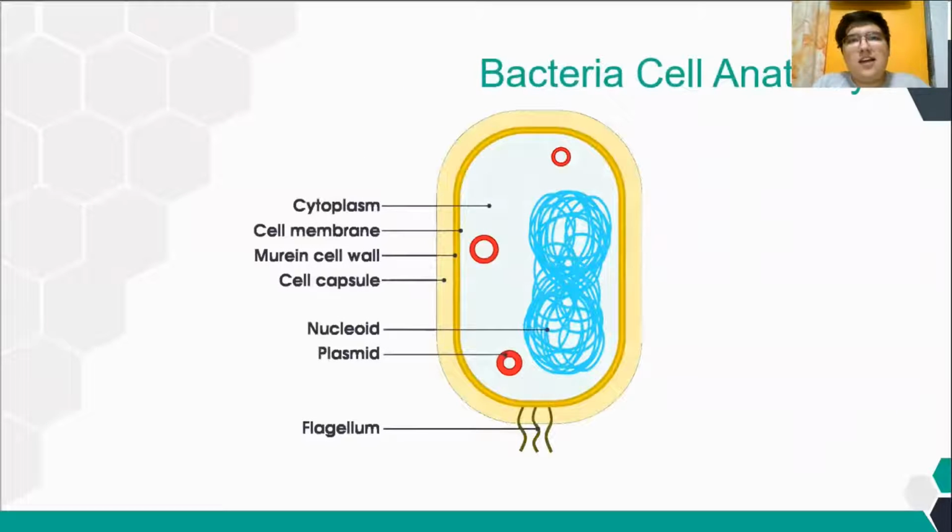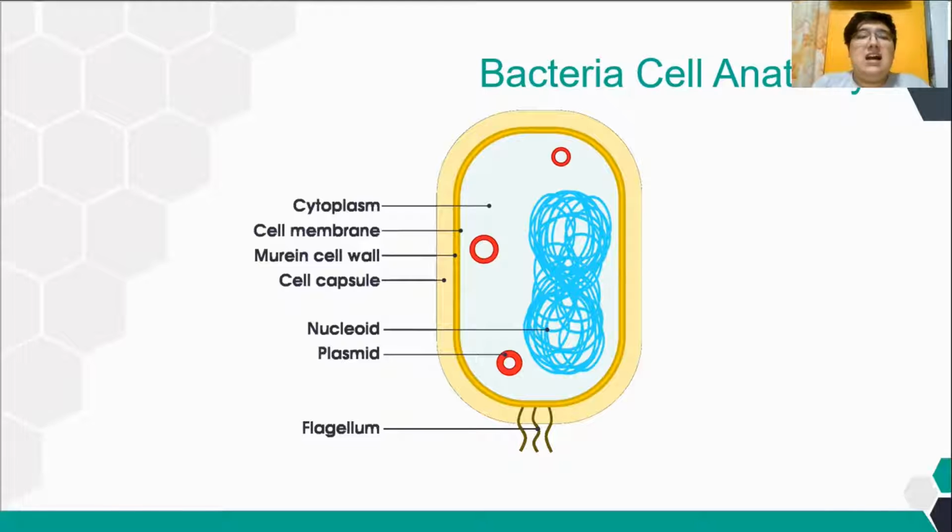Now let's see the anatomy of a typical bacteria cell. In color blue, we can see the nucleoid, which contains the DNA. In color red, we can see three little circles called plasmids. This plasmid contains a little part of DNA which can be used to repair or make another function in the bacteria.